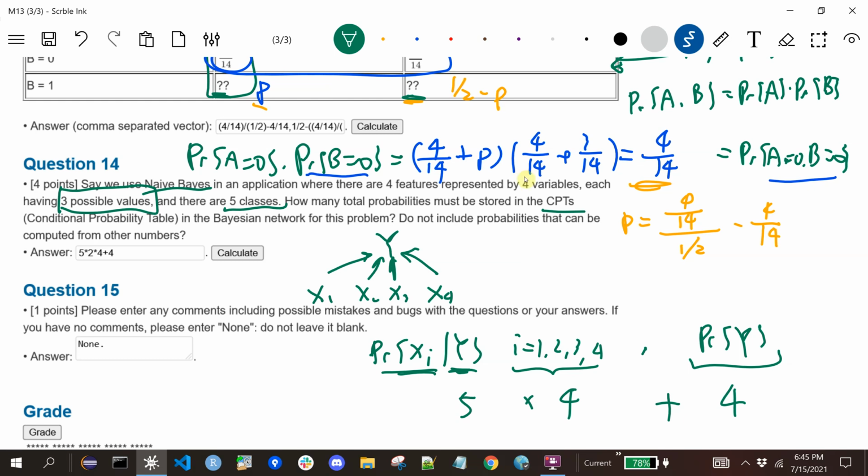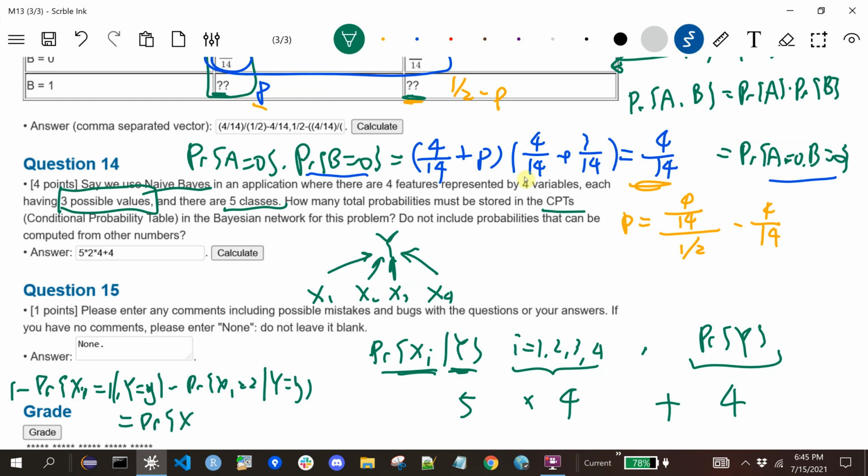So basically, if we know x1 is 1, given Y is a particular y, and x1 is 2, given y is y, we can compute the last one by saying 1 minus these 2.